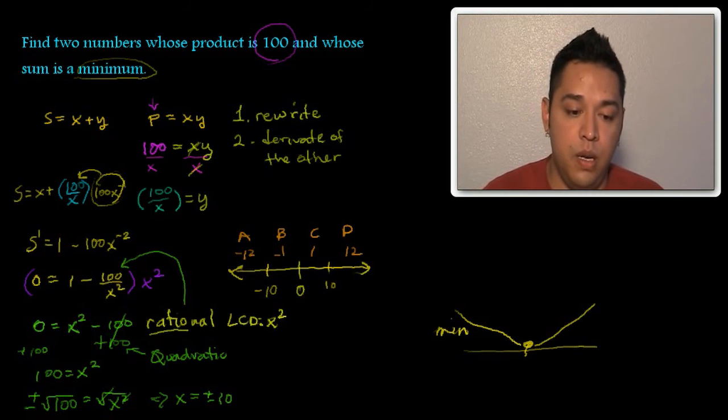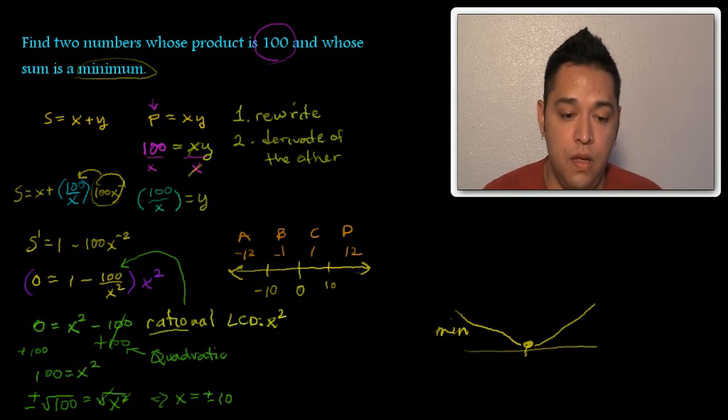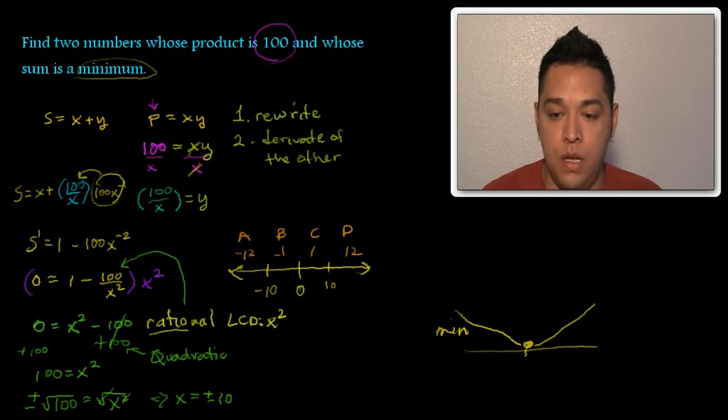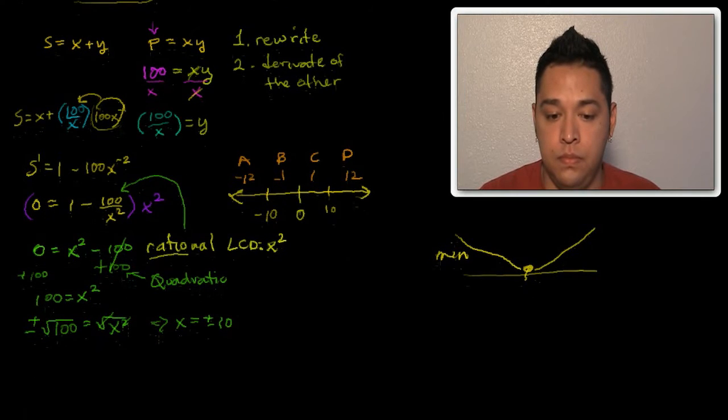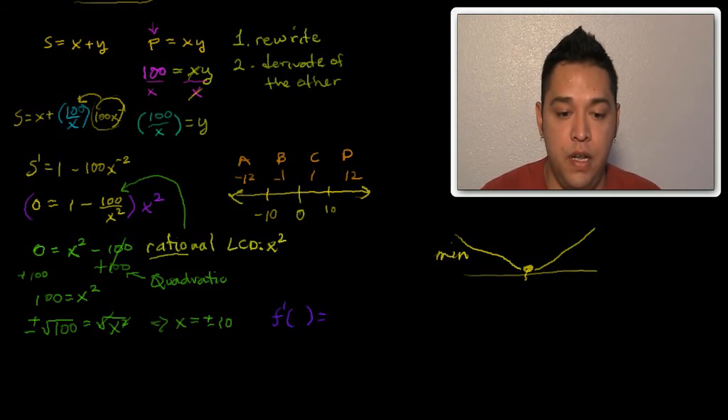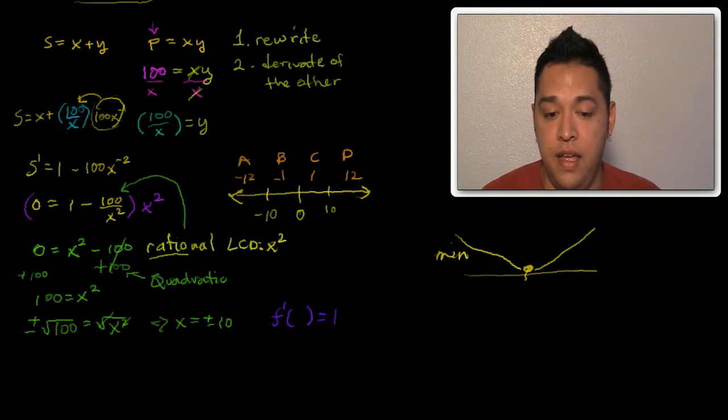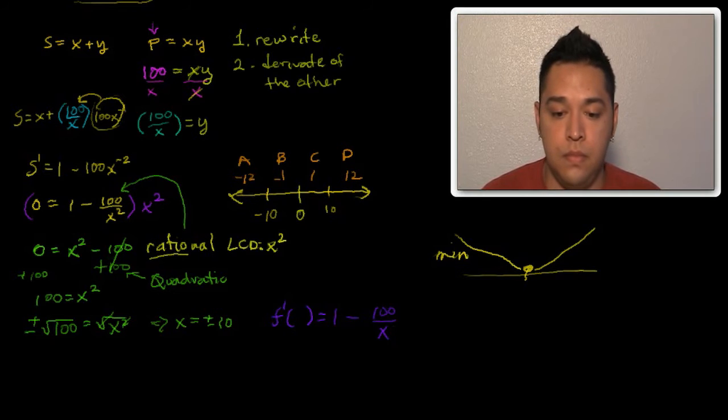So let's think about what's going to happen if I plug it into my derivative. This is my derivative. Let's scroll down some. F prime of some number is equal to, this is my derivative right here, 1 minus 100 divided by x squared.